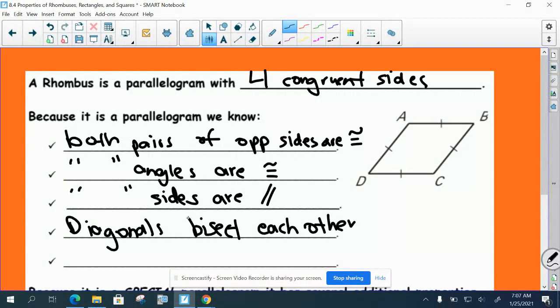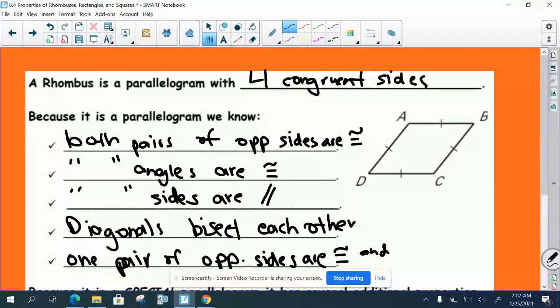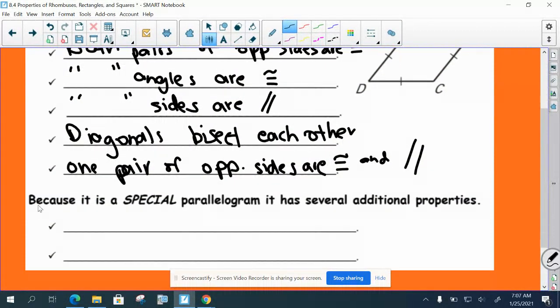And one pair of opposite sides are congruent and parallel.